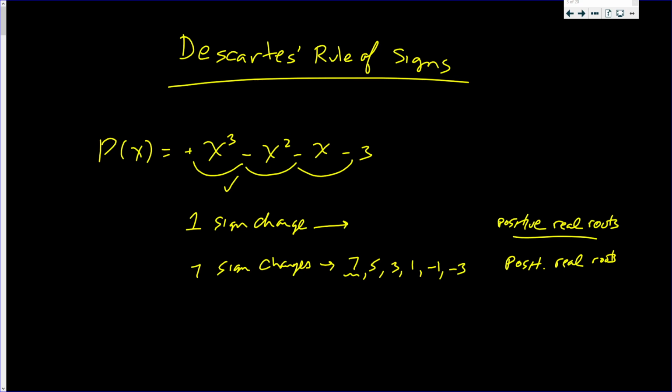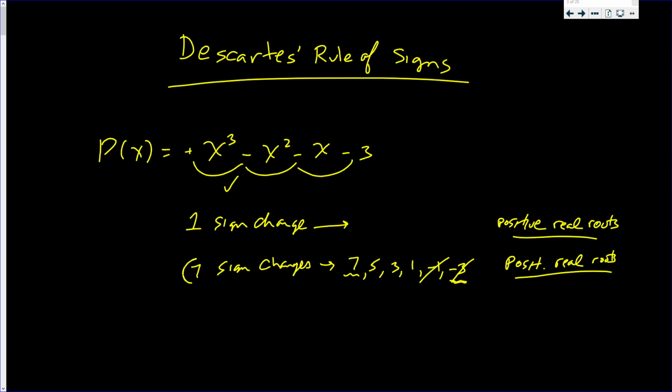Or does that make sense? I mean, what would it mean that the number of real roots is negative 3? You can have 5 roots. You can have 1 root. How can you have negative 3 roots? Negative numbers make no sense.